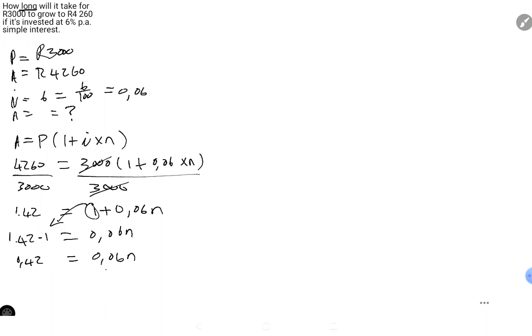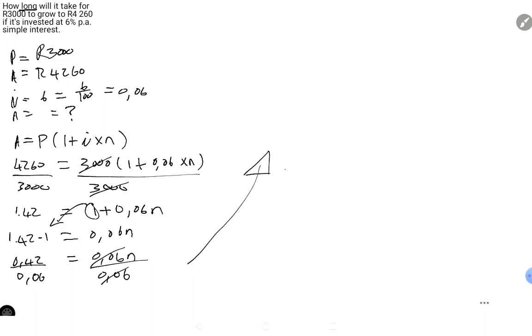And so we divide by 0.06 on both sides so that we can cancel there.